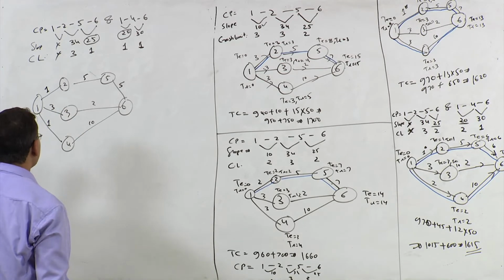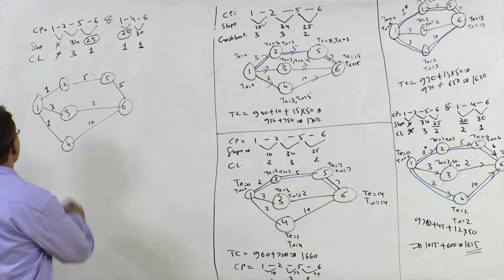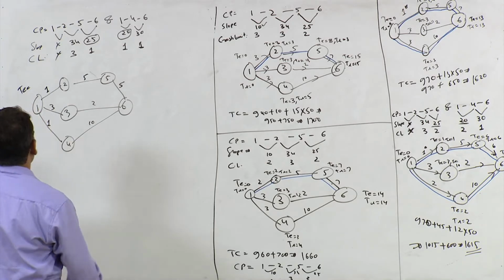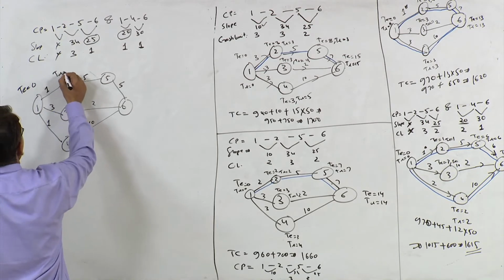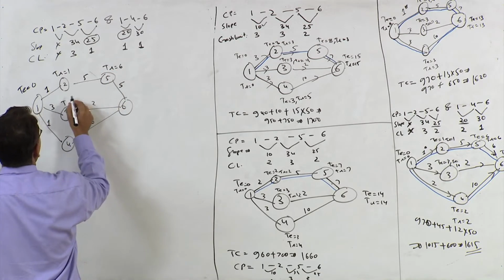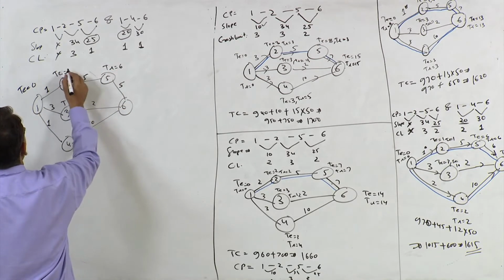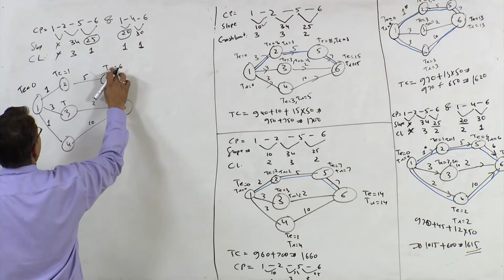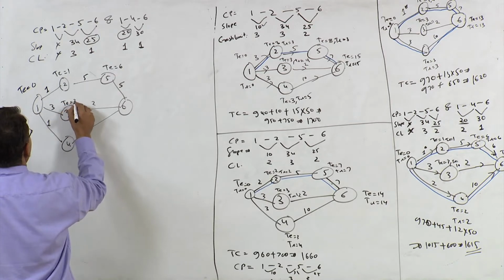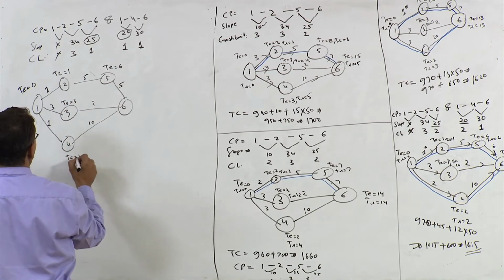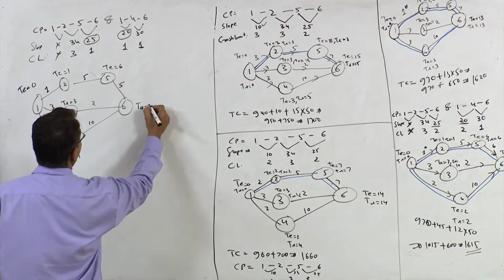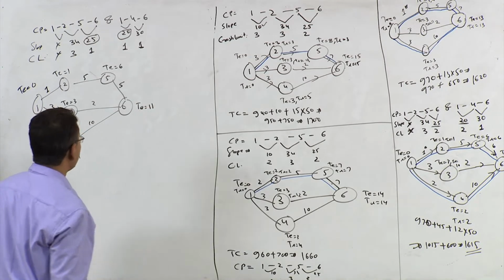Let us find out TE and TL values. So TE is equal to 0 here, TE is equal to 1, TE is equal to 6, TE here is 3, TE here is 1, and TE here is 11, isn't it?